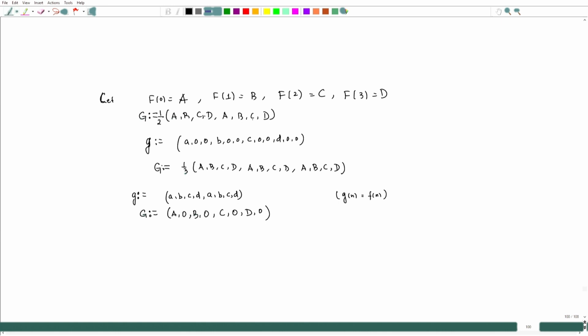So, 6 I will get d, that is F of 3, here 4 F of 2, in the case of 2 F of 1, that is b, and in the 0 case capital F of 0, that is a, and the rest of the things are 0.